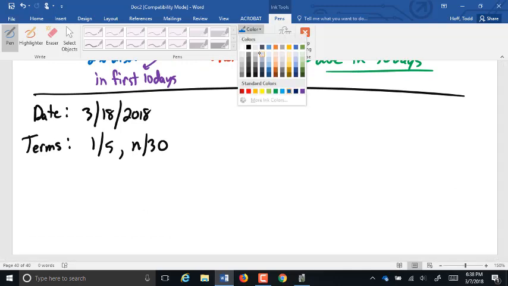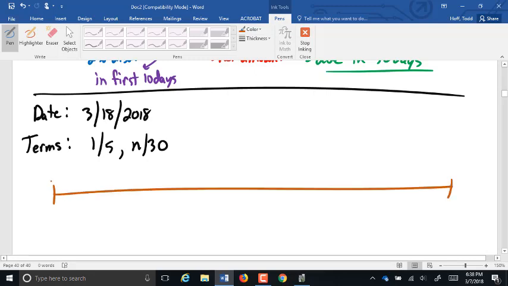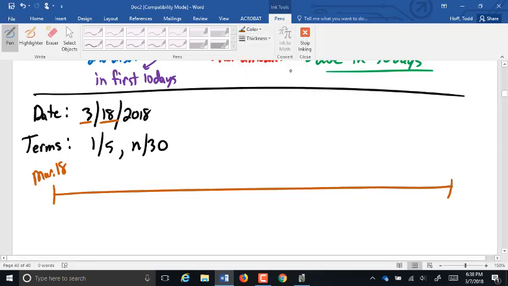What this is saying is we have a timeline. What is the beginning of our timeline here? What date? The invoice date, March 18th. How long is the discount period?